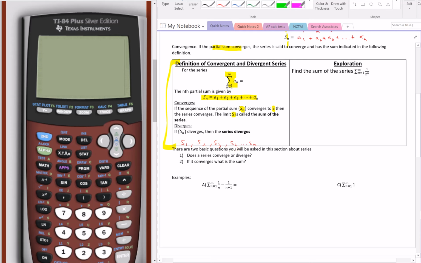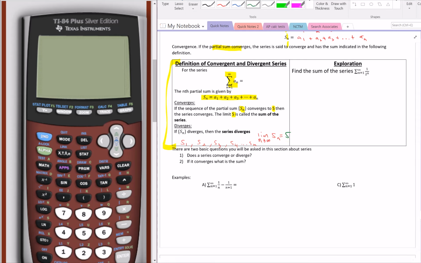You're going to have a sequence of sums, and if the limit as n goes to infinity of that sum is approaching a fixed number, like you looked at last chapter, it shouldn't be called L, it's called S. If that equals S, some fixed number, then that's the sum of this series.